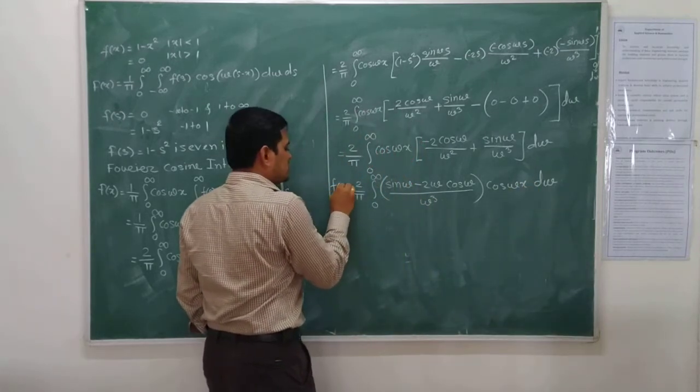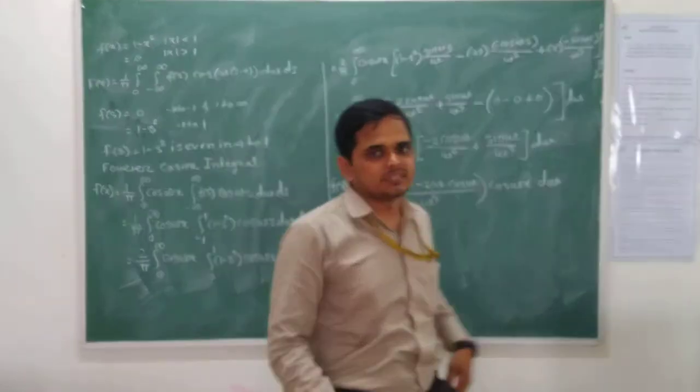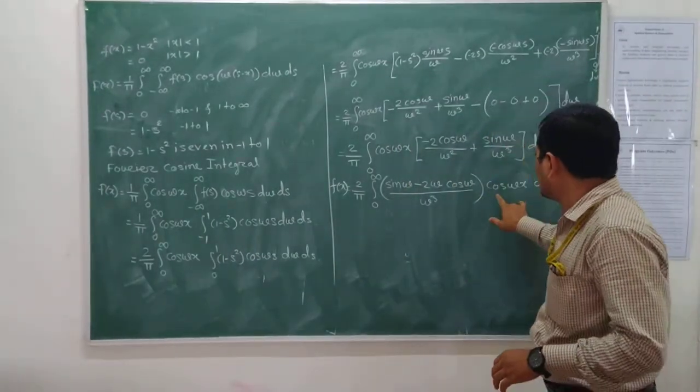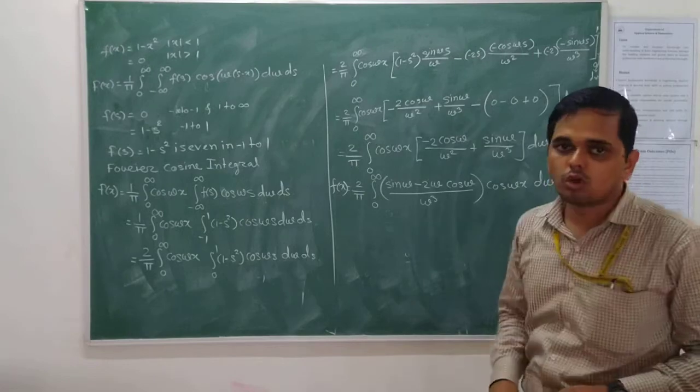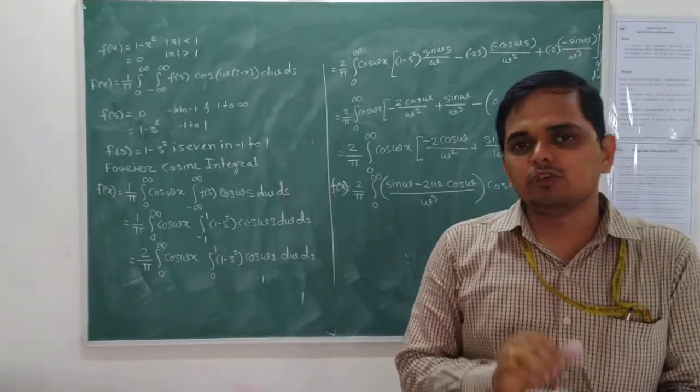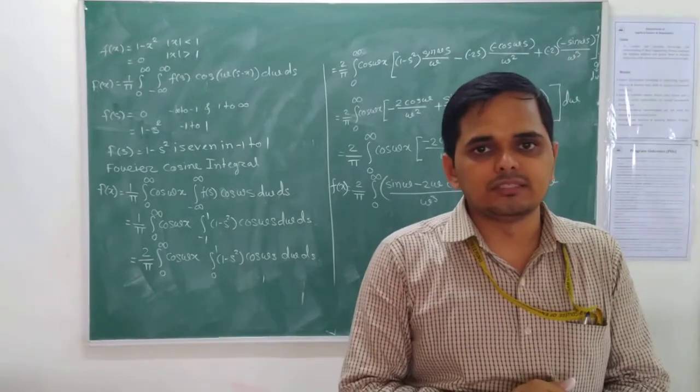So this is known as the Fourier integral representation of the given function, and this is a cosine integral as the cos term is present, that is cos omega x is present. So this is all about the representation of a function as a Fourier integral.